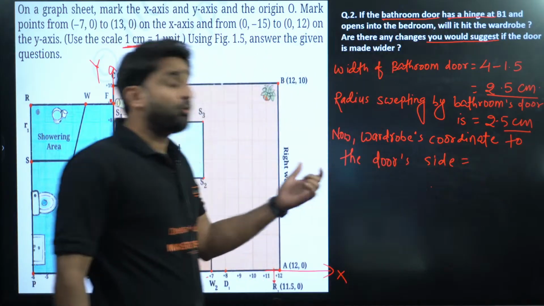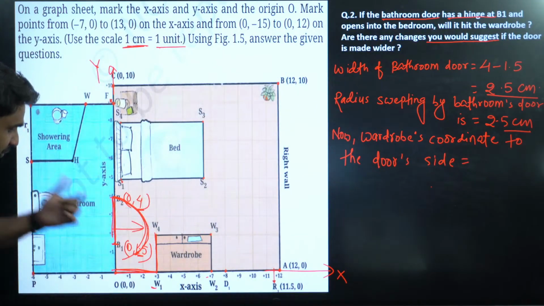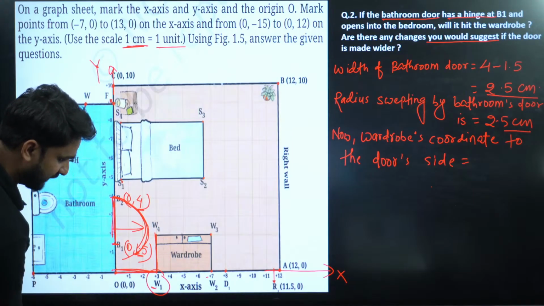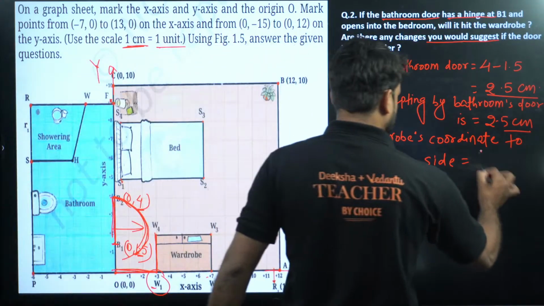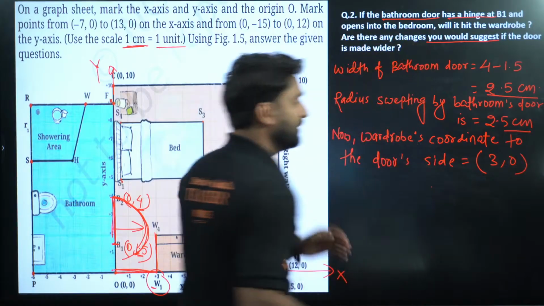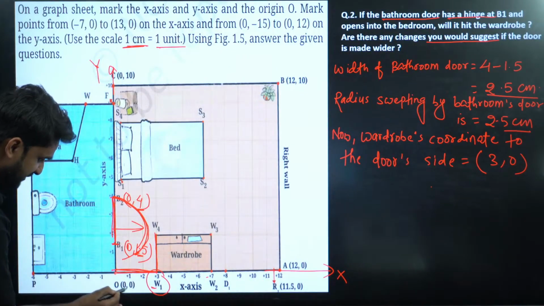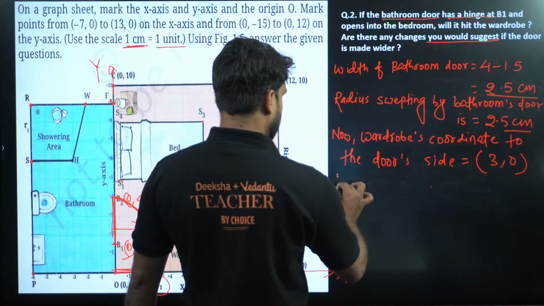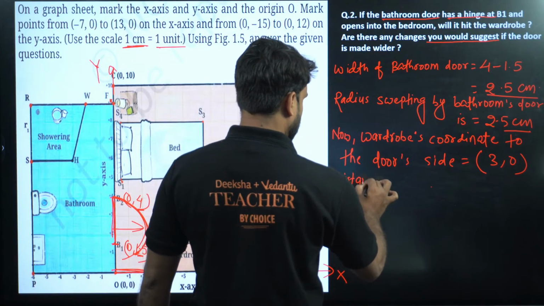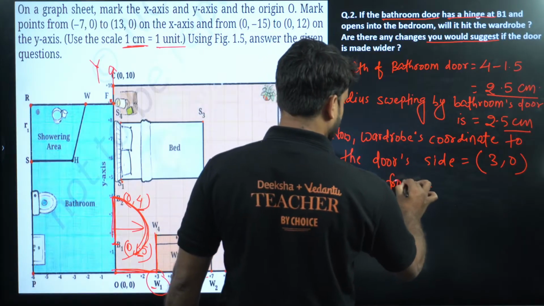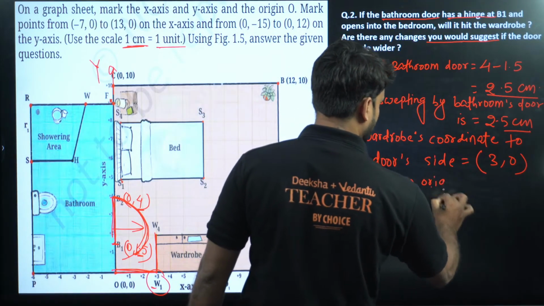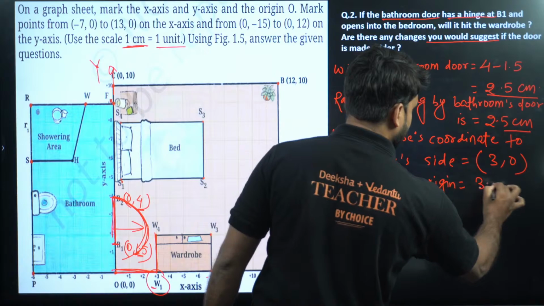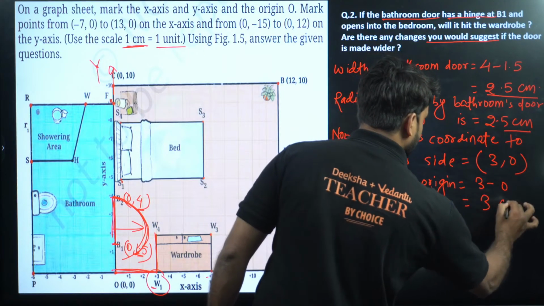The wardrobe coordinates, which is towards the door side. So to door side is this W1. So the coordinate will become 3, 0, right? And this is origin, which is already having 3, 0. So what will be the distance from origin? This will become 3 minus 0, which is equal to 3 centimeter.